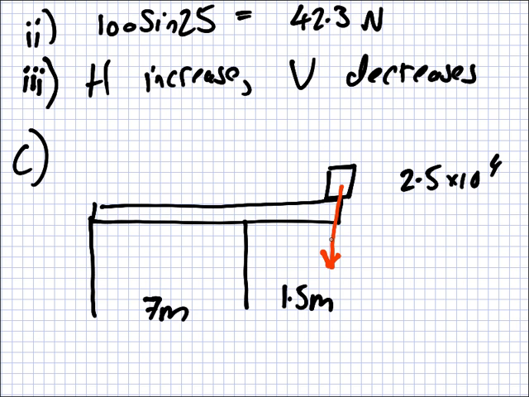So the first one is state the principle of moments. So what's the principle of moments? Did you have something different? Force times perpendicular distance from line of action. Oh no, that would be the definition of a moment. But the question was, what is the principle of moments?